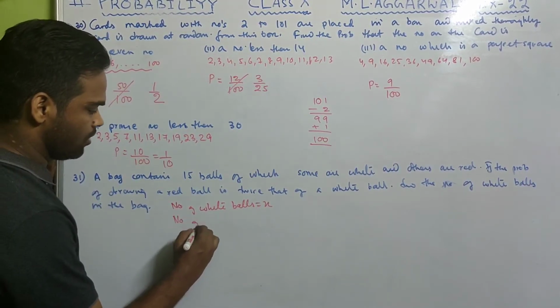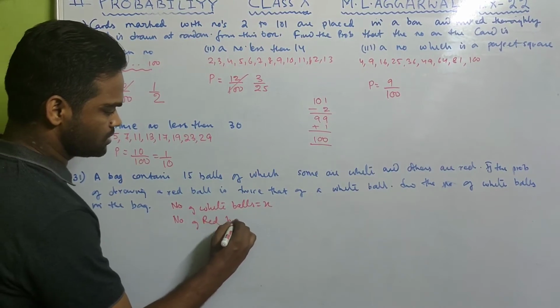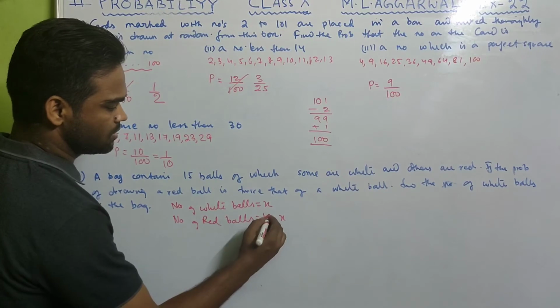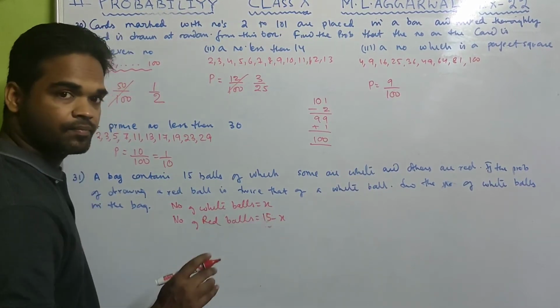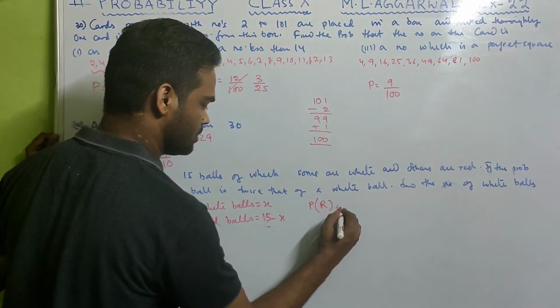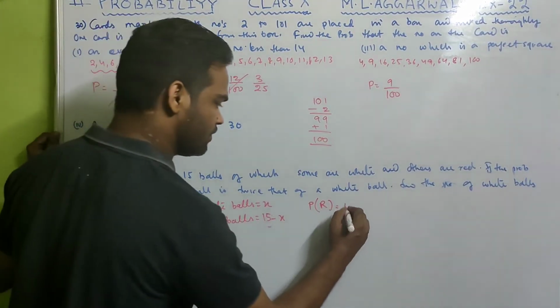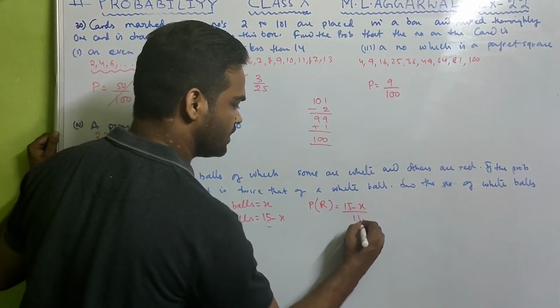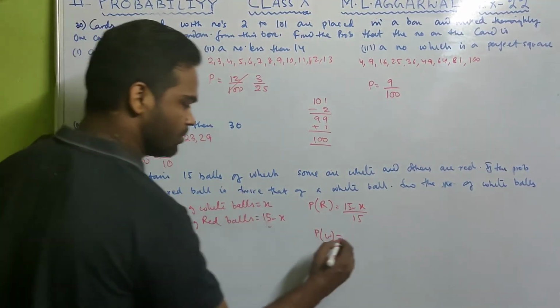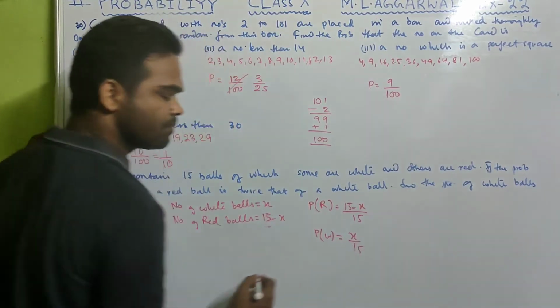Then number of red balls will be 15 minus x. First of all, calculate the probability of a red ball. Probability of a red ball is 15 minus x by 15, and probability of a white ball, the number of white balls is x, so x by 15.